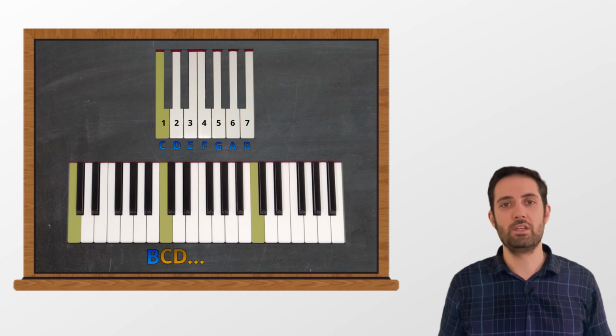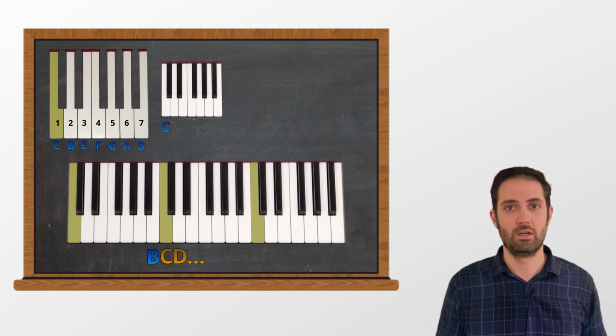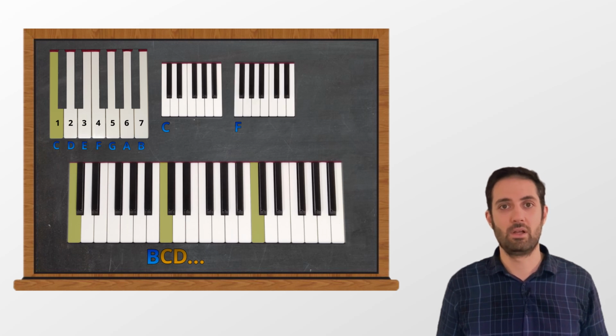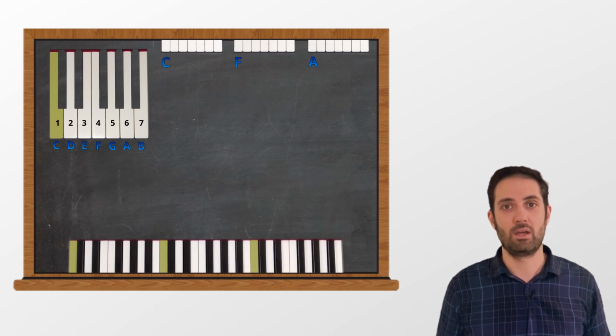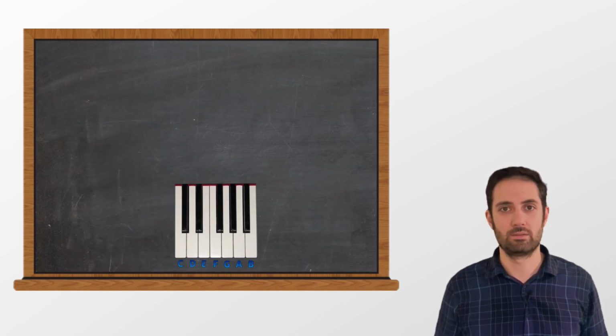It is indeed much easier to visualize the sequence of 12 keys starting from C or from F, rather than starting from A. From now on, we will use the sequence starting from C, and we will understand why.